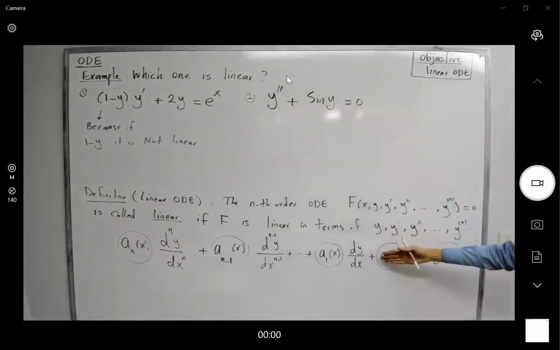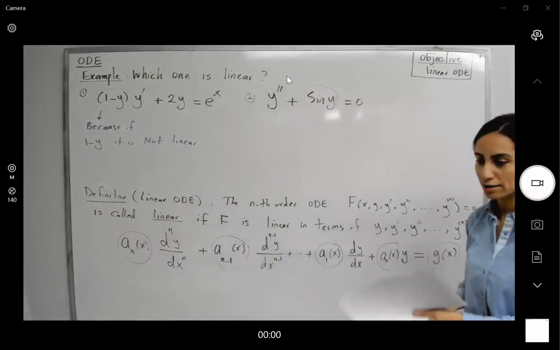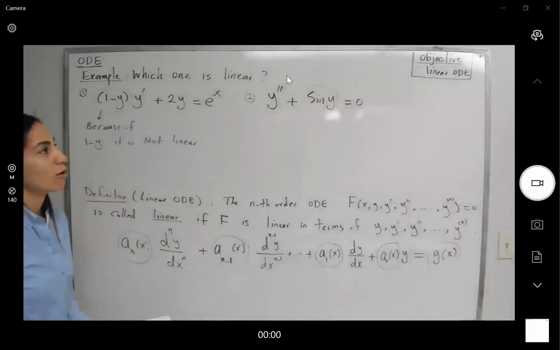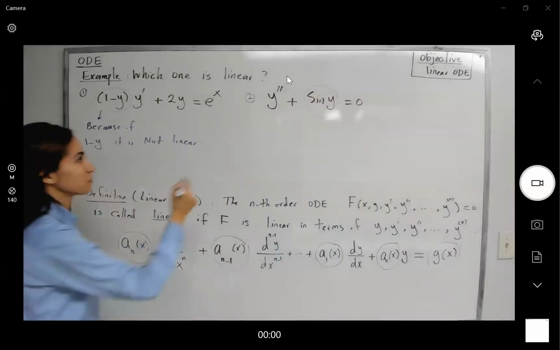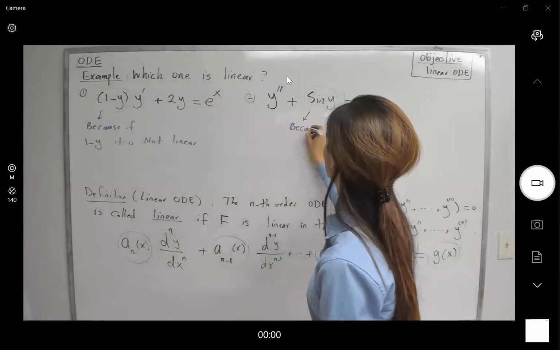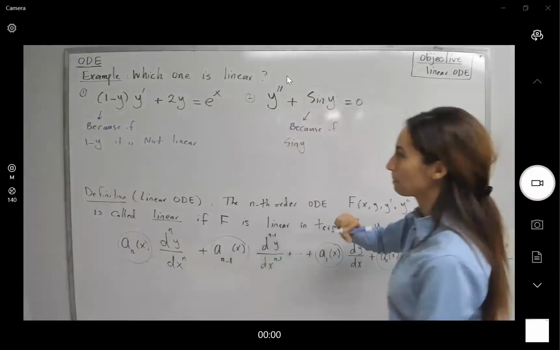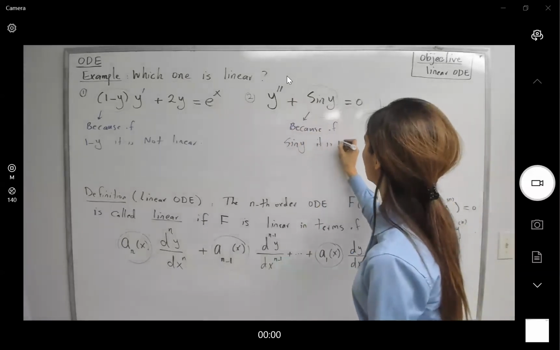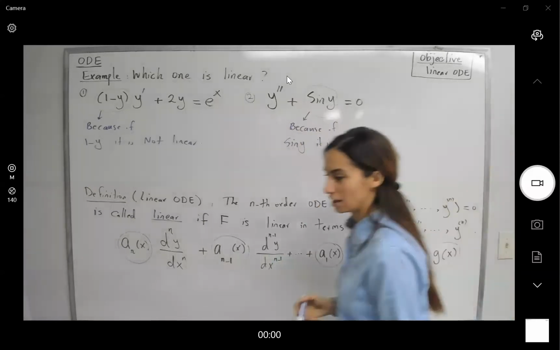Note that all functions must be in terms of x. So this is the red flag that causes the ordinary differential equation not to be linear. Because of sine of y, it is not linear.